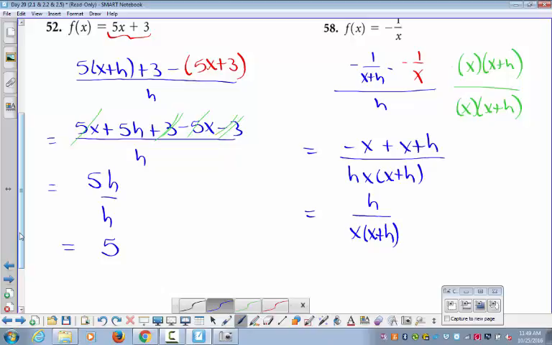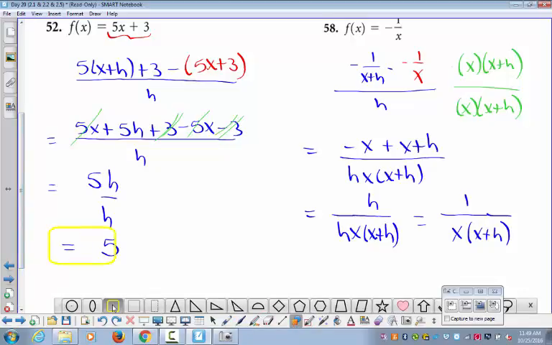Whoops, I forgot my h. And then the h's cancel, and we're left with this. All right, so there is the difference quotient for the function -1 over x.